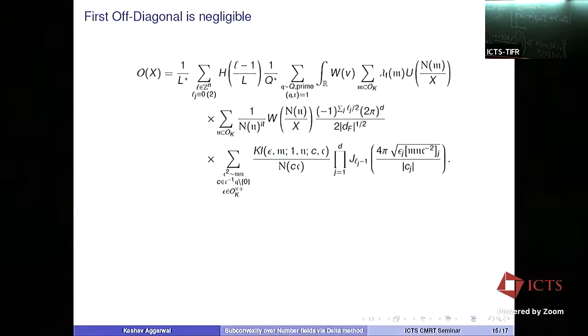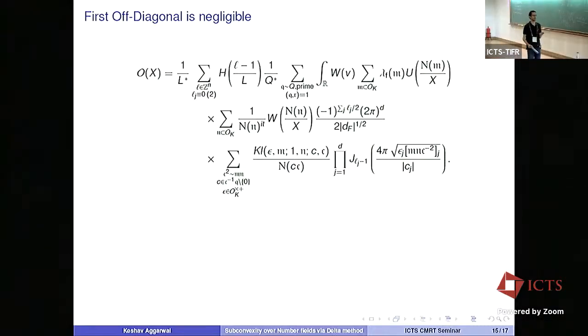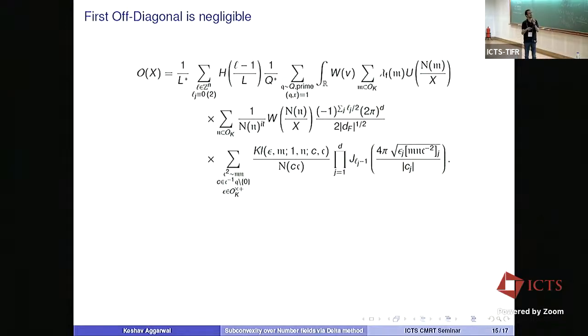And what I will show you is that you can actually show that this contribution is negligible, modulo a difficulty, and the difficulty is going to be coming from the group of units. So if you looked at just the rational numbers, not a number field, the group of units is finite. You literally have 1 and -1. But over here, the group of units is infinite. Right?